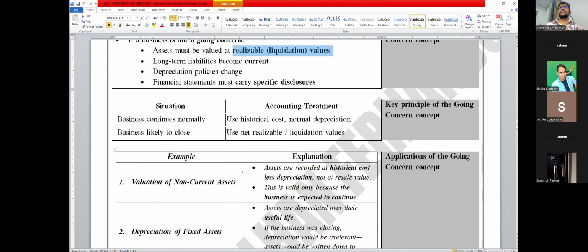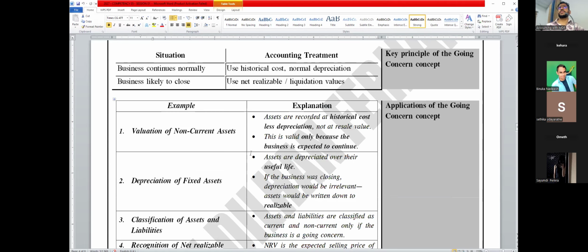There is also a key principle. When the business continues normally, it uses historical cost and normal depreciation related to the assets. But if the business is likely to close down or liquidate, it uses net realizable value and liquidation values.